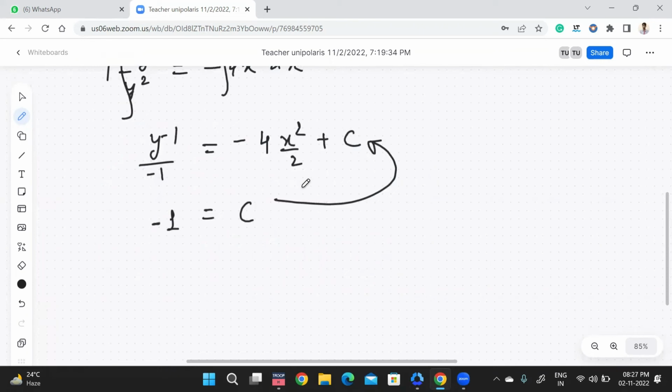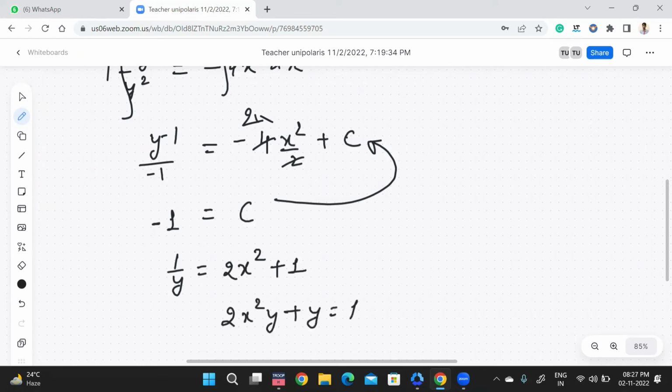Every term now has a negative: this y also has negative, this x and this also, and this cancels out. So what we can do is take this negative out from every term to write it as 1 over y equals 2x square plus 1, or we can write it as 2x square y plus y equals 1.